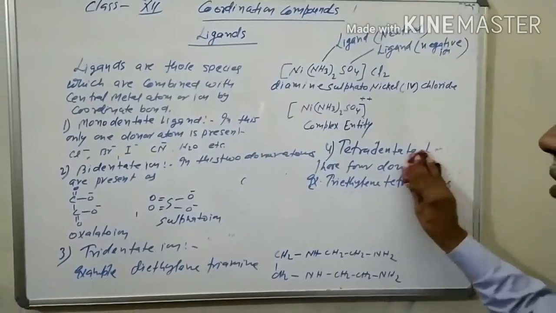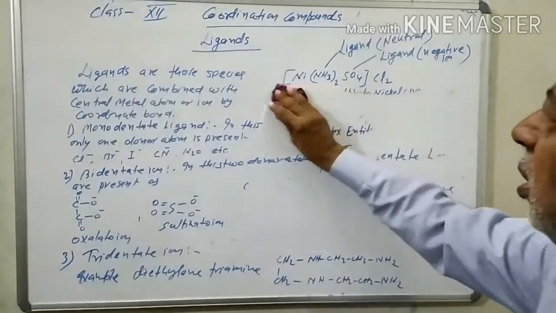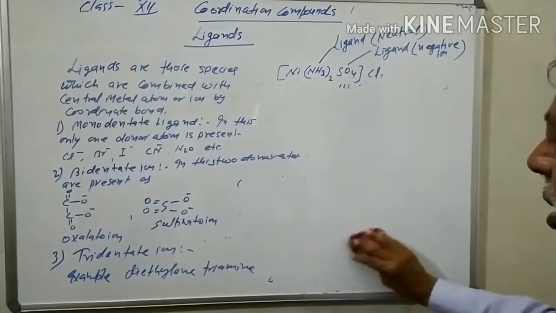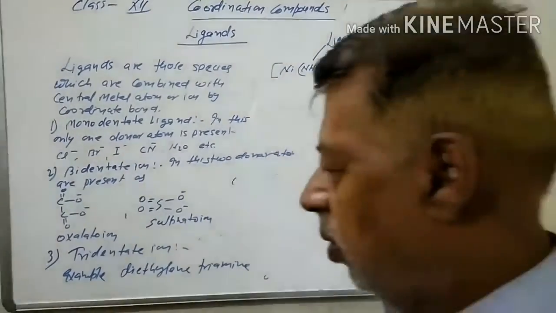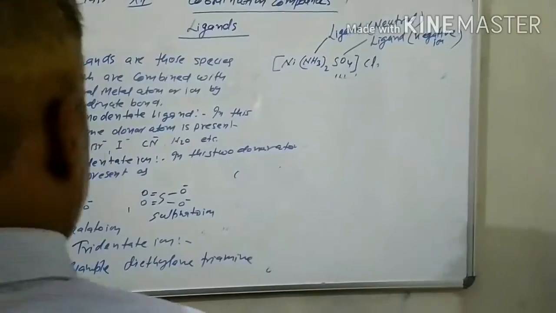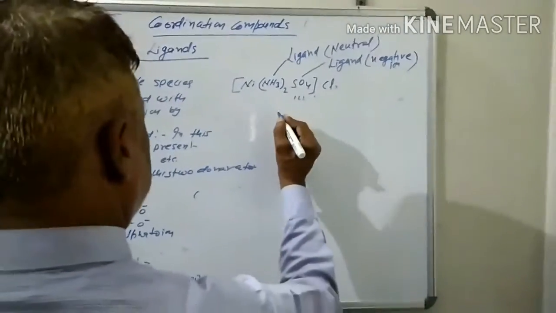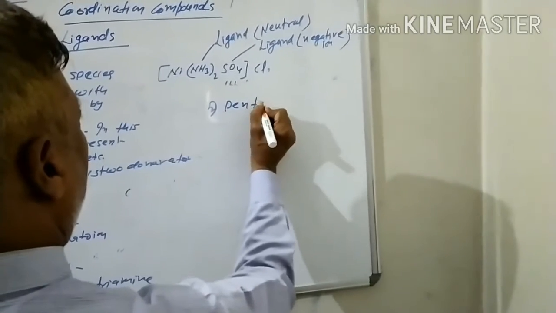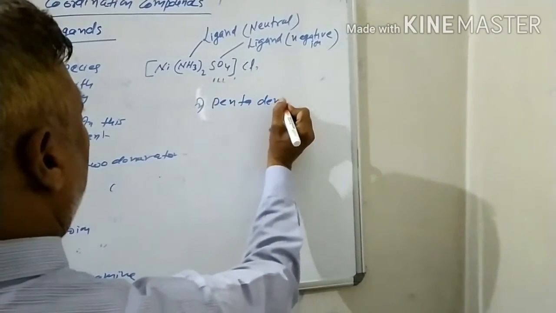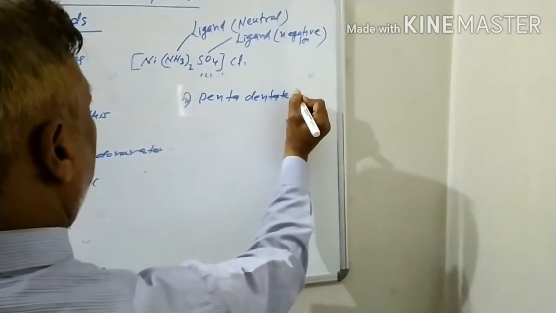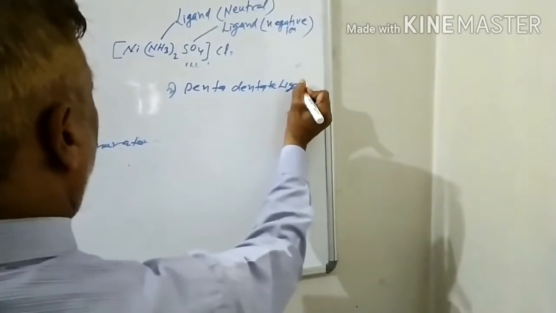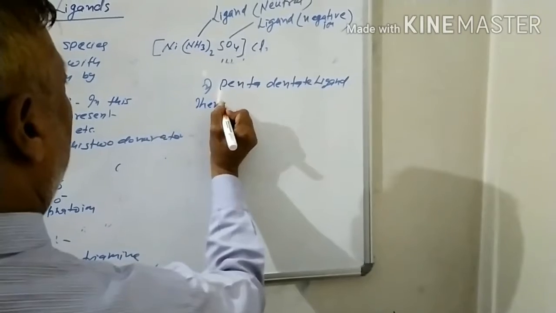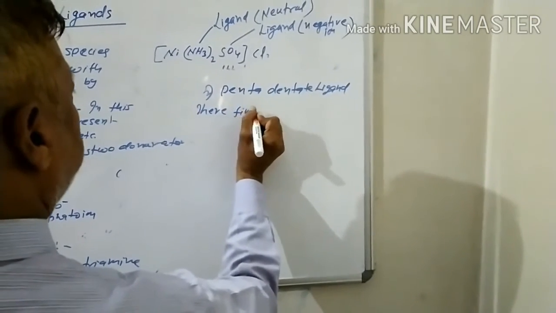Next point is pentadentate ligands. There are 5 donor atoms.